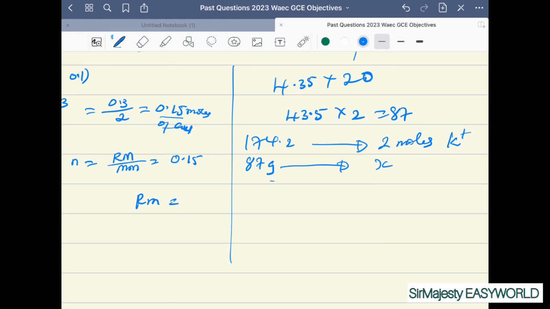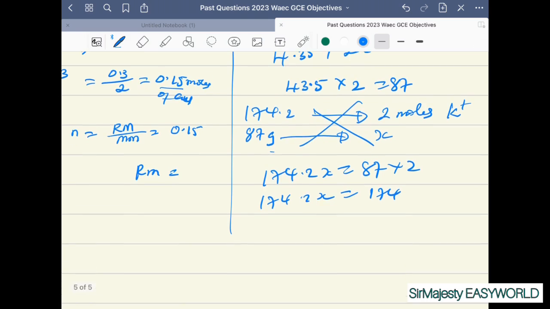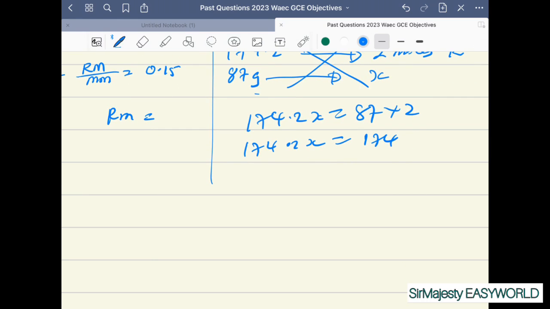Normally I'm trying to tell you that X is 1 already, but if you are confused, let's do the normal cross multiply. We have that 174.2x is equal to 87 times 2, which is 174. So that 0.2 is not enough to change our answer.